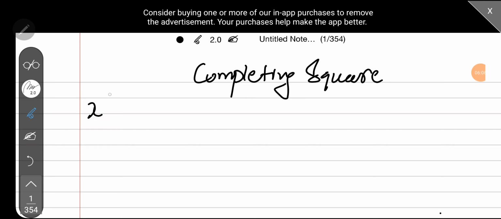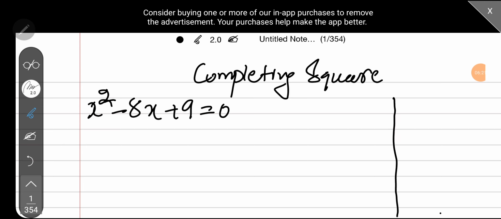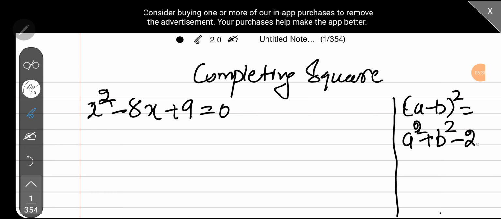In completing square, we will focus on this formula: a minus b whole square is equal to a square plus b square minus 2ab. So we will convert this whole equation to this form in order to perform the completing square method.